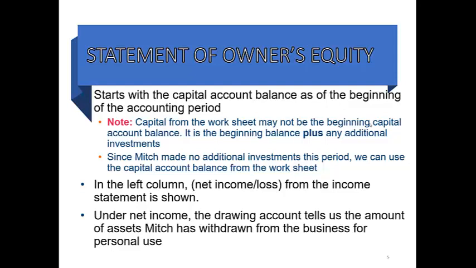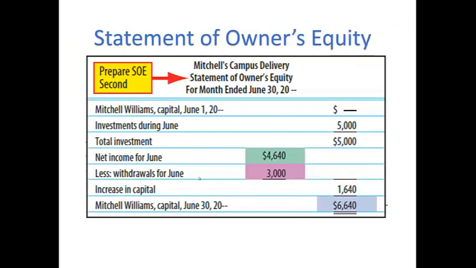If the owner made any additional investments, the only way we would know that is to look at the general ledger capital account to make sure. Remember, over in the left-hand column, we've got the net income or the net loss from the income statement, and then we're going to enter the drawing to show how much was withdrawn from the company by the owner. Let's look at the statement now.